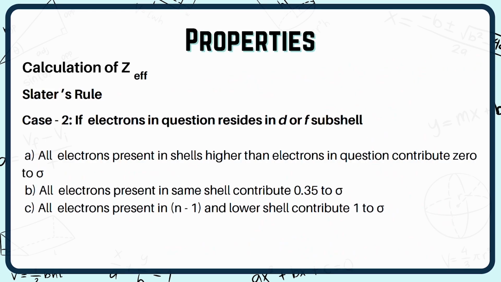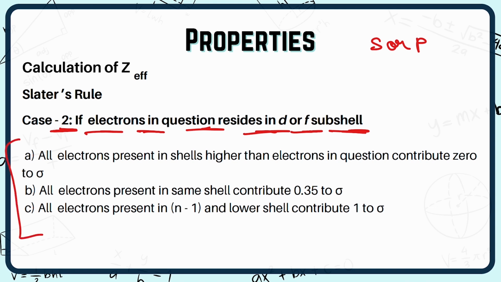Okay, now comes the second case. What is the second case? If the electron in question resides in a D or F subshell. In the earlier case it was what? It was S or P subshell. Now here we have D or F subshell. In those particular cases, these things are to be followed. A, all electrons present in shells higher than the electron in question contribute 0, just like the last one.